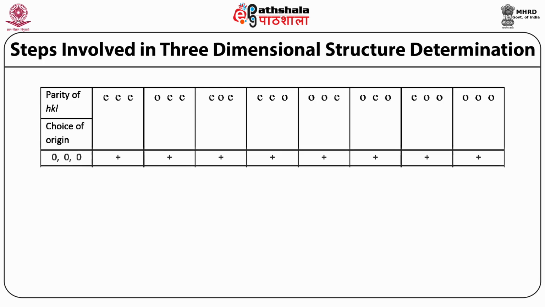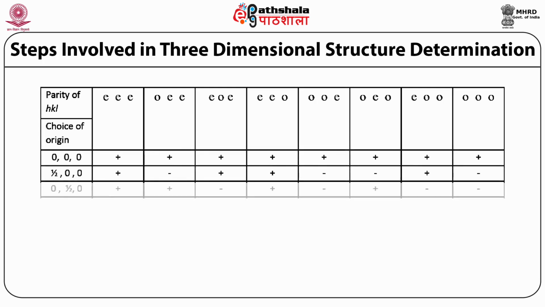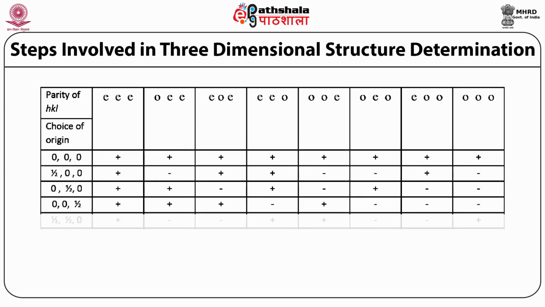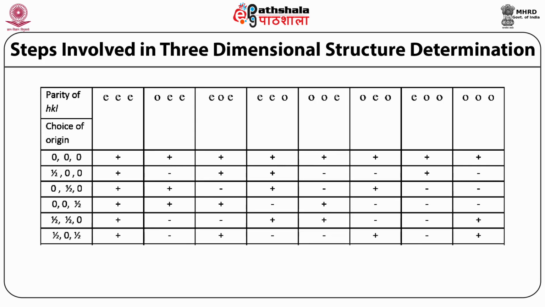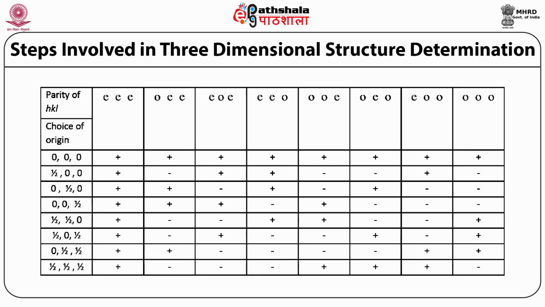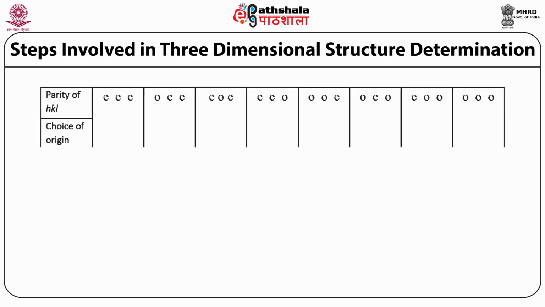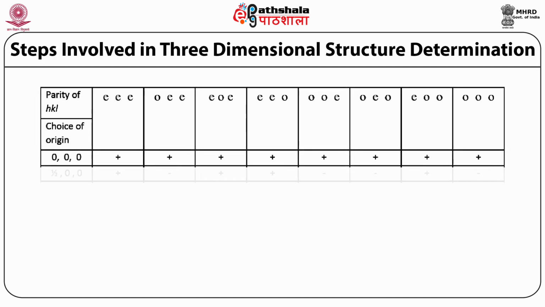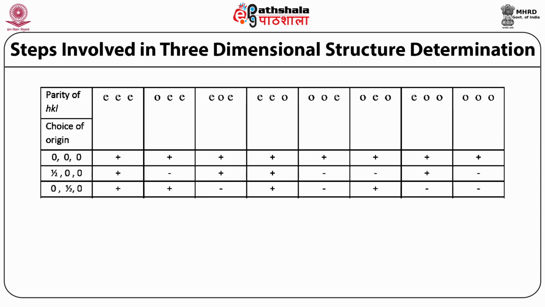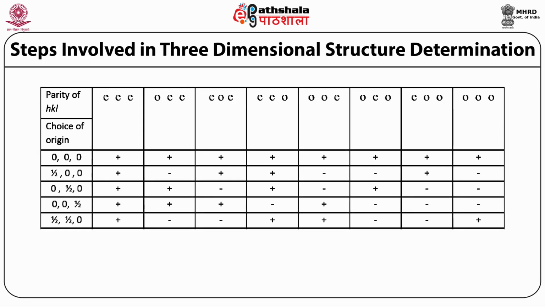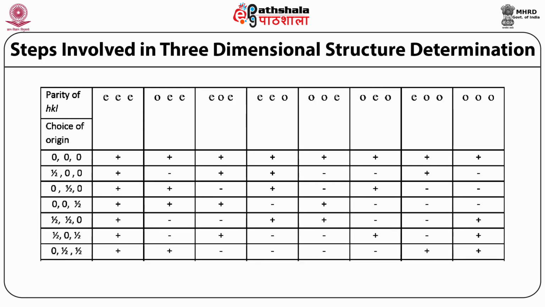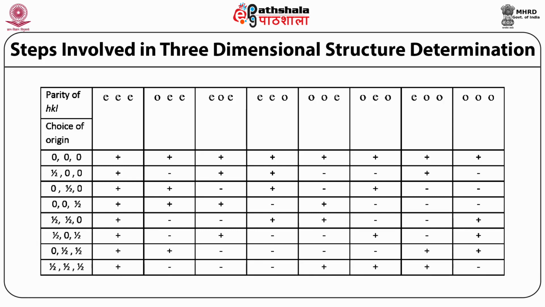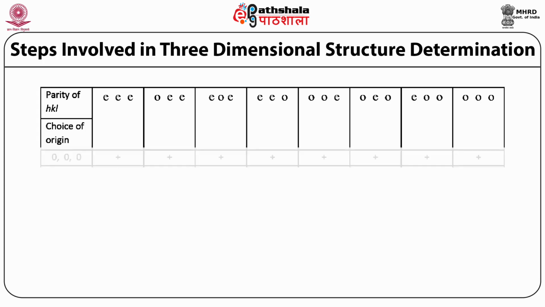This is denoted in the table, the first row in the header: eee, or odd even even, odd is denoted as O, or even odd even, even even odd, odd odd even, odd even odd, even odd odd. So this even or odd denotes the order of the HKL reflection. Now if you look into the down column, we have choices of origin.